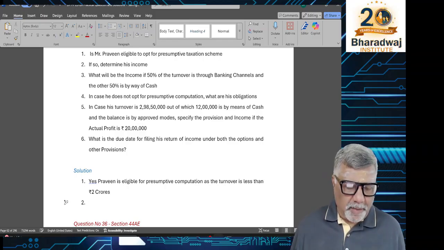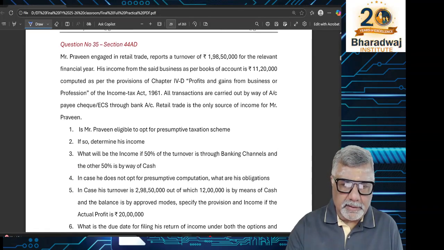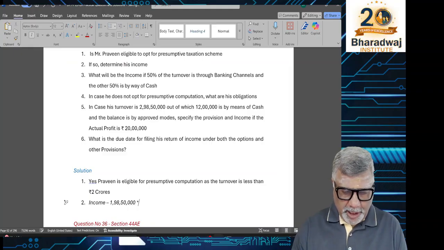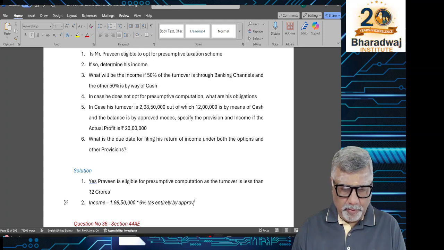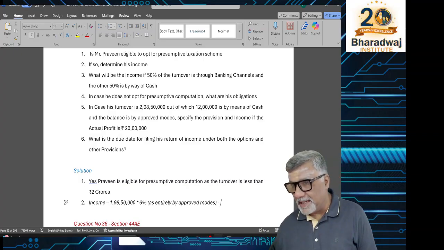If so, determine his income. Income: 1 crore 98 lakh 50,000 into 6%, as entirely by approved modes. That is 11 lakh 90,000.